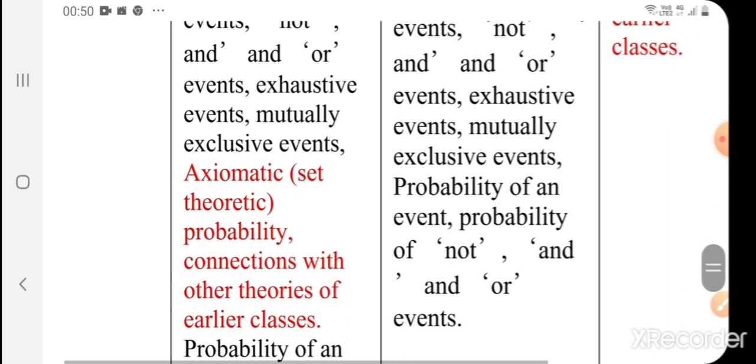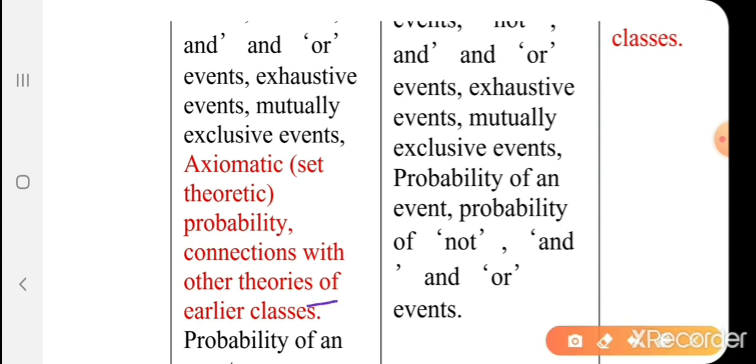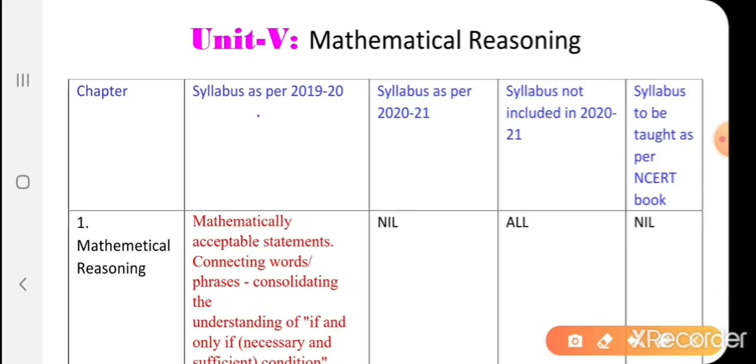Only the axiomatic set theory approach is excluded. You can get detail in the description box on what is included this year. Mathematical reasoning is excluded for this year, so nothing to read in this section.